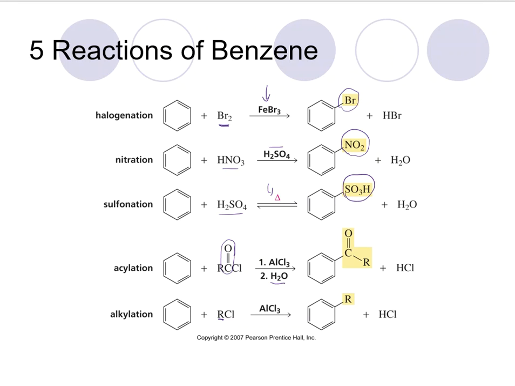In each case, a carbon went on to the benzene ring, and in the alkylation, just the carbon chain went on. In the acylation, the C double bond O went on, and it carried with it the rest of that compound. So literally, the chlorine goes away in each of these cases, and the remaining piece gets added on to the benzene.